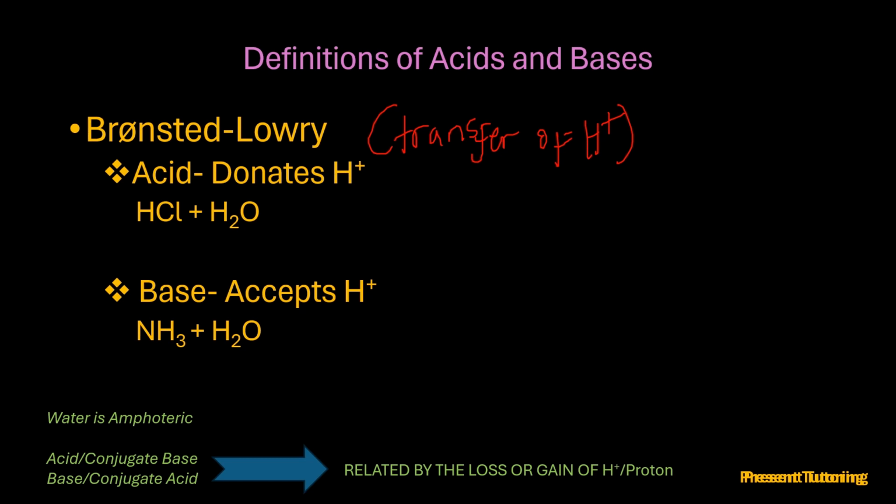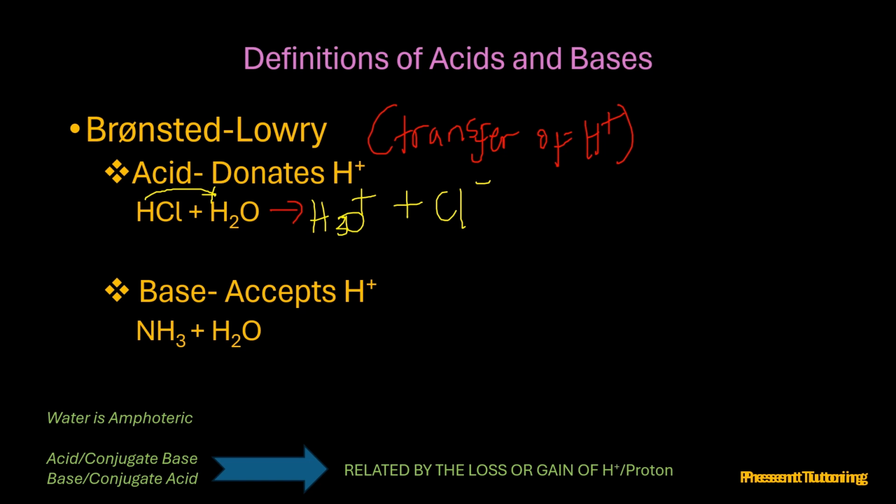If it reacts with water, we've already done this reaction before, it produces hydronium ion H3O+ and then Cl-. So you're going to notice that this acid gave its H so that it can combine with water to make the hydronium ion and then the chloride ion on the product side. So this is an example of a Bronsted-Lowry acid because it is donating a H and giving it to a different species, and you see the product over here.